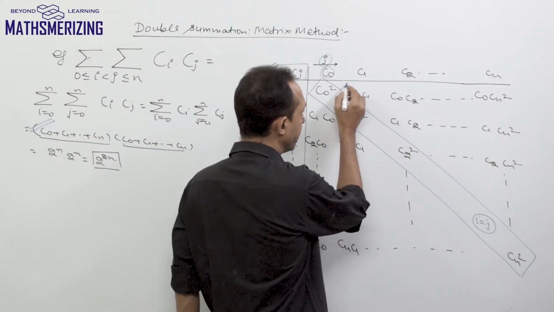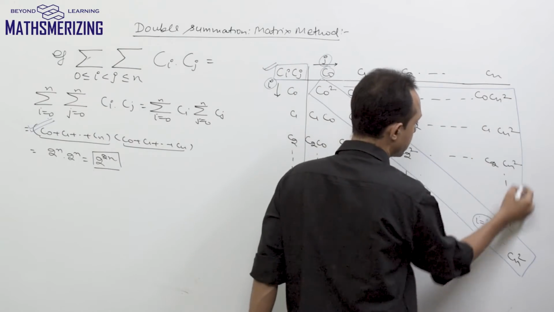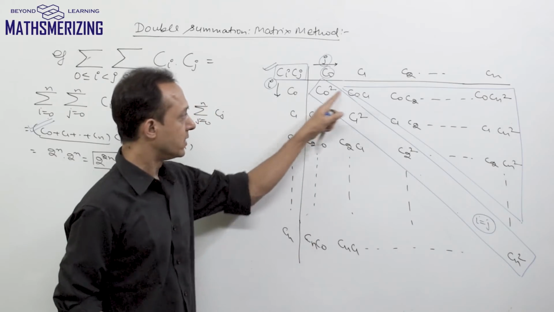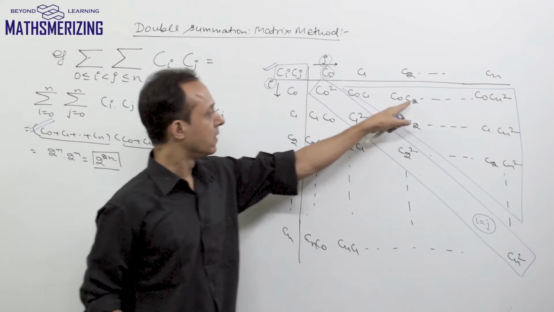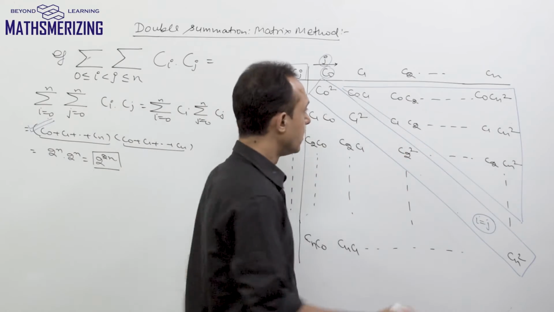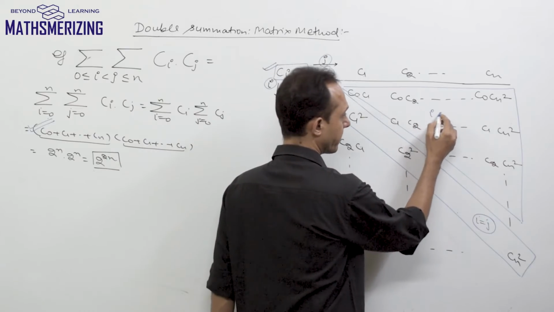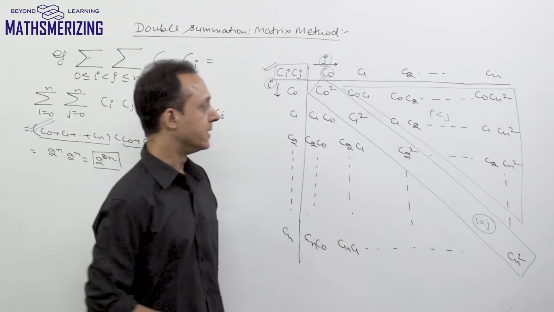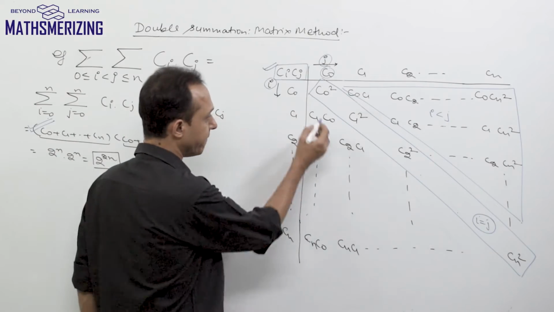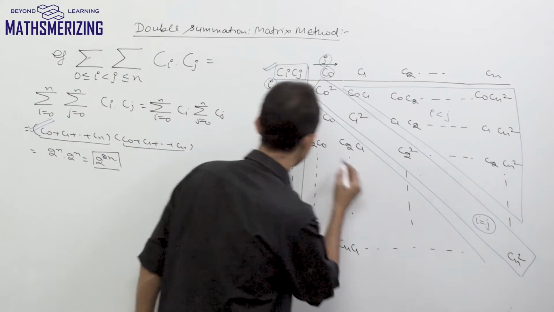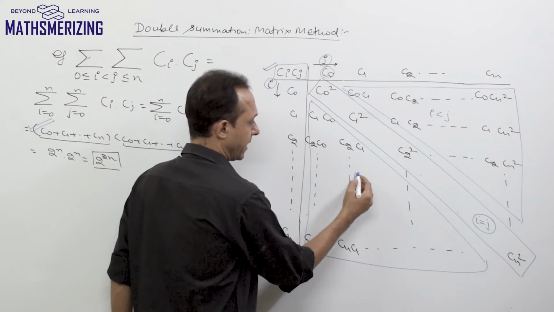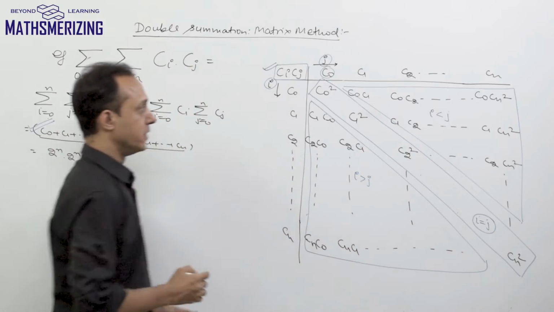Now for all the elements in the upper triangle, when i is 0, j starts with 1, it goes all the way up to n. When i is 1, j starts with 2. So this is the condition when i is less than j. So for all the elements in the upper triangle, i is less than j. And the same way, for all the elements in the lower triangle, the value of i will be greater than value of j.